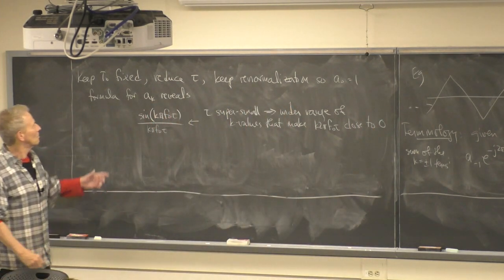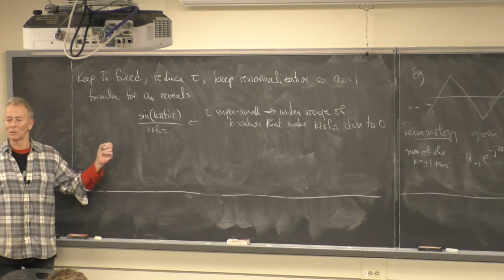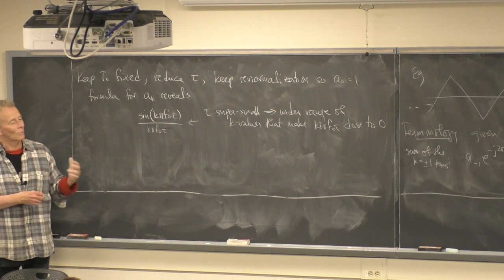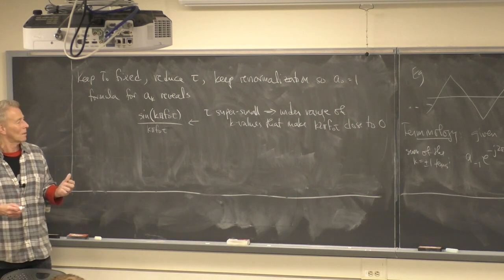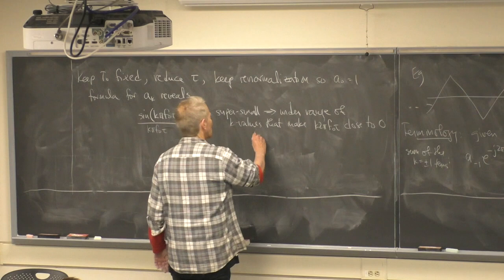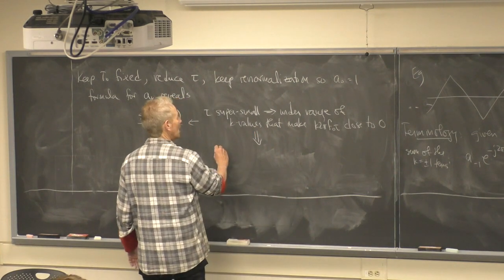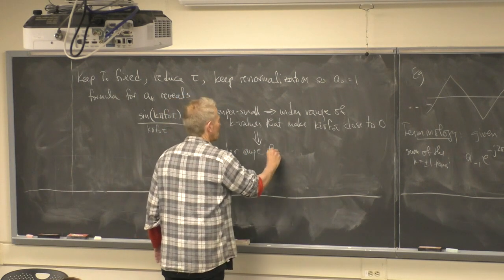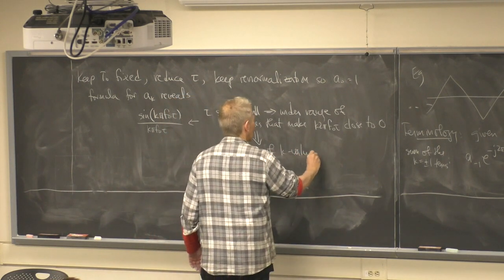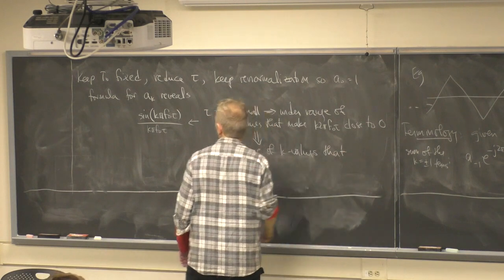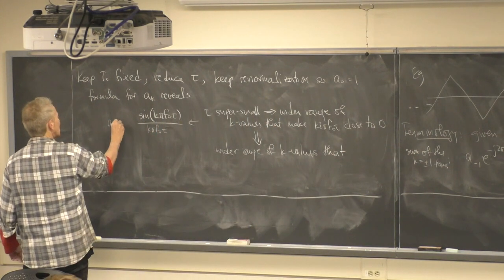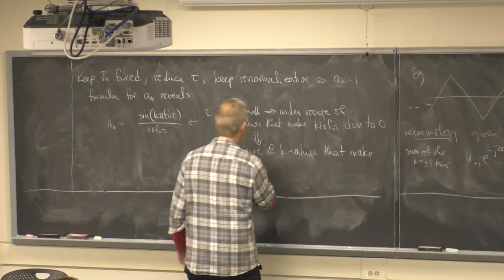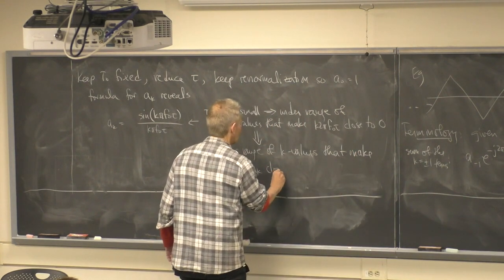Now, what does it mean to make k pi f0 tau close to 0? It means you're having a sine theta over theta thing going on where theta is close to 0. And this is the same as saying there's a wider range of k values that make, and remember, this is the formula for ak, ak close to 1.